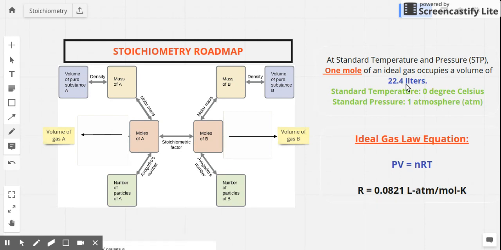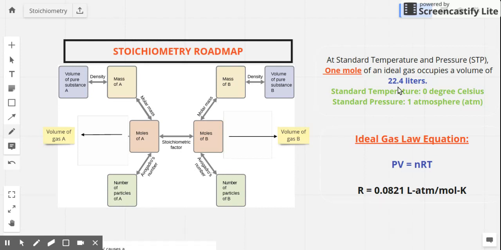So that means this is now a conversion factor. Every time it is mentioned in the problem that the condition is at standard temperature and pressure, you can safely assume that 1 mole of any gaseous substance will have a volume of 22.4 liters. So it's a conversion factor in which you can put 22.4 on top or below depending on what you want to cancel out.